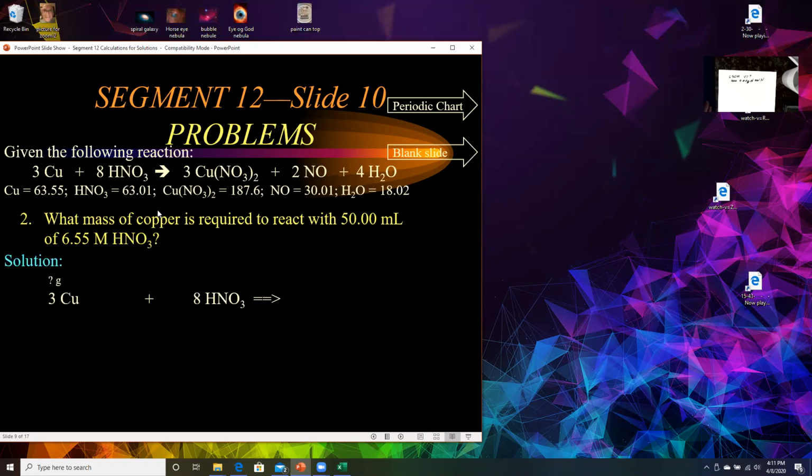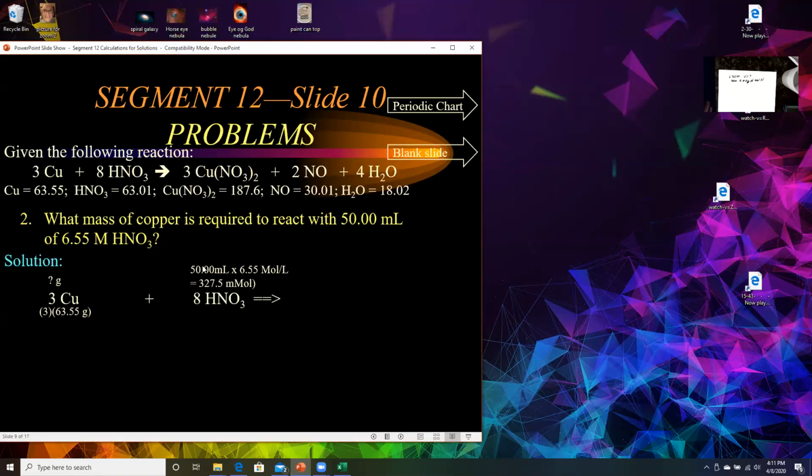The problem says what mass of copper, so I put a question mark with grams because it's asking for what mass is required to react with 50 milliliters of 6.5 molar. Now, to complete this part of the problem, this is in grams, so I want to show the 3 moles of copper in grams. 3 moles, copper's atomic weight is 63.55. So 3 times 63.55 is the mass of copper shown in this balanced equation.